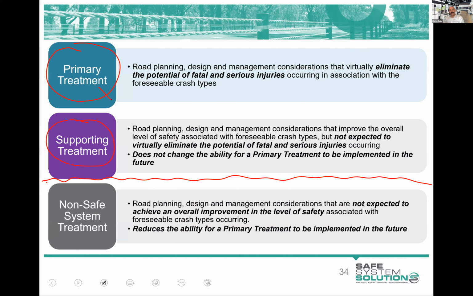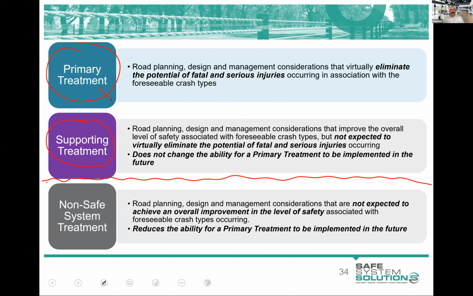The supporting treatment is road planning, design, and management considerations that improve the overall level of safety associated with foreseeable crash types, but are not expected to virtually eliminate the potential for fatal or serious injury. And it's also got this little sort of clause that it doesn't alter the ability to implement a primary treatment in the future, but that's not used very often.